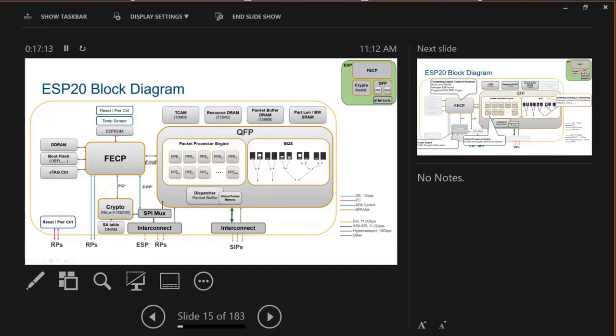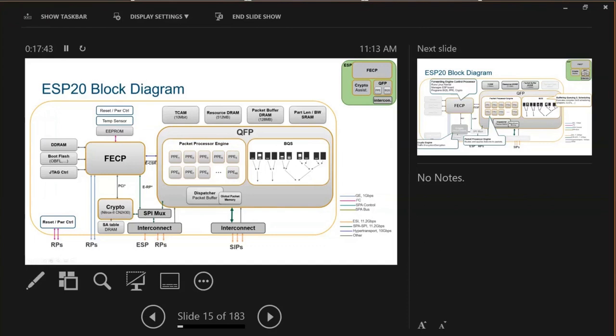It helps to encrypt and decrypt the traffic for IPsec related packets. FECP is the main processor. It helps in system monitoring, and it will communicate with the RP for that. It has its own processors running independently from the RP, and it is completely a processor for the control plane.